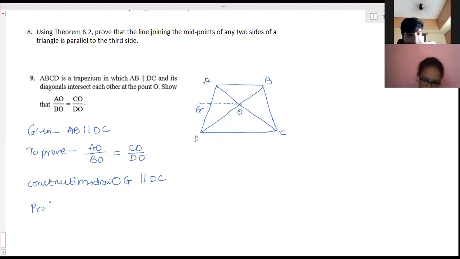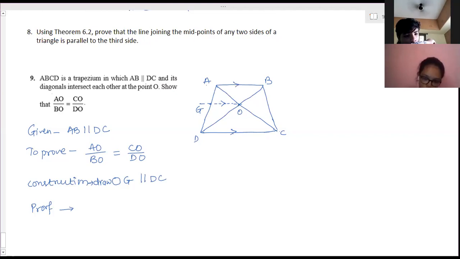Proof. Here two triangles are formed. OG is parallel to DC and DC is parallel to AB. So therefore, OG is parallel to AB as well. AB, GO and DC, all three are parallel to each other.